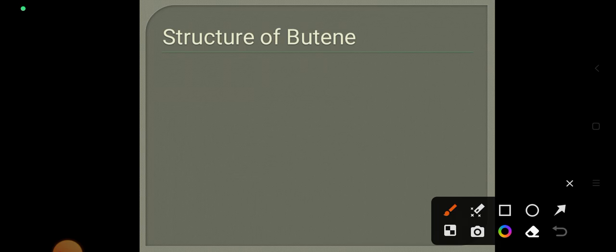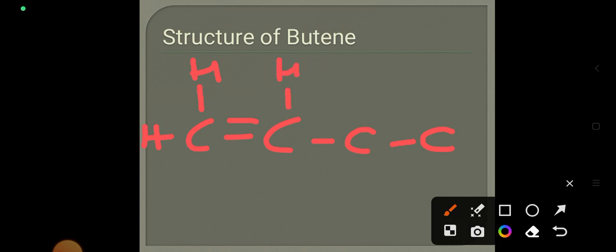Next, if I have to write butene, but has 4 carbon atoms, and since it is an ene, again I can write the double bond between C1 C2 or C2 C3 or C3 C4. Anyway I can write only one double bond. Now again looking at the valency of carbon, there should be 4 bonds around each carbon. Carbon 1 is satisfied, 4 bonds. Now when you look at carbon 2, there are 3 bonds, so one more bond I'll write.